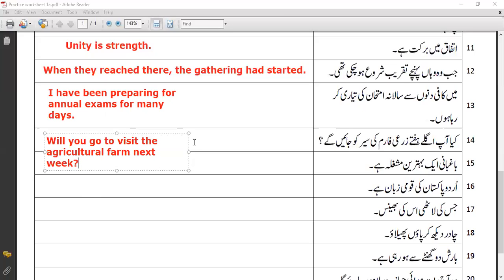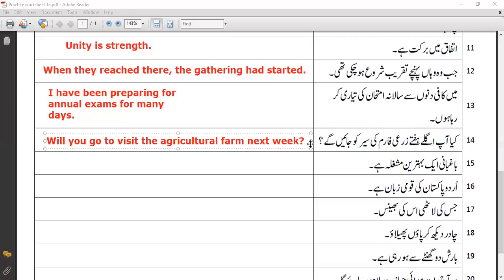Yeah, so you put a question mark in the end so that you don't lose any marks. Okay, will you go to visit the agricultural farm? I'm not making any spelling mistakes. Please let me know. Agricultural farm next week. क्या आप अगले हफ्ते ज़राई फार्म की सैर को जाएंगे? Okay. I think some students also come up saying that will you go for a picnic to the agricultural farm next week? Well, that is fine. That is also fine. I usually do not deduct marks for this translation.